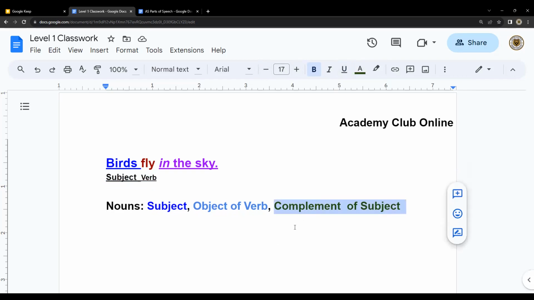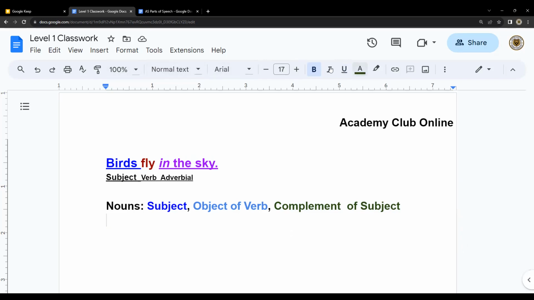Y hay otras 2. Cuando tenemos información de espacio y lugar, ¿qué funciones? Adverbial. Ah, pues sí.